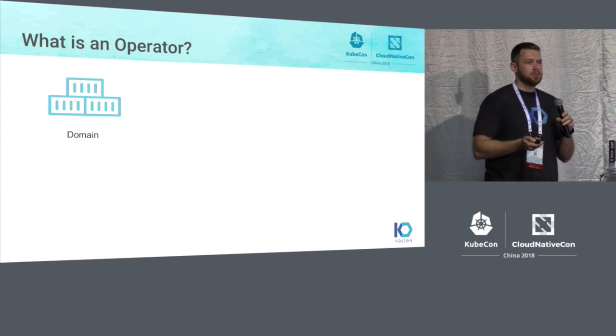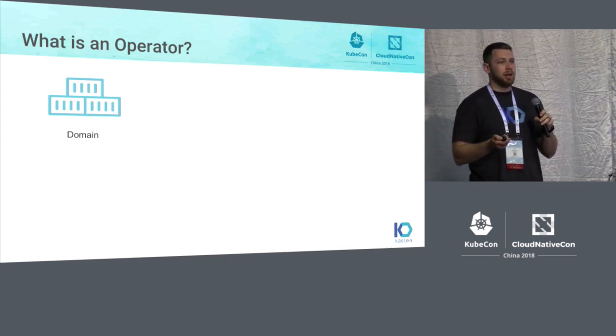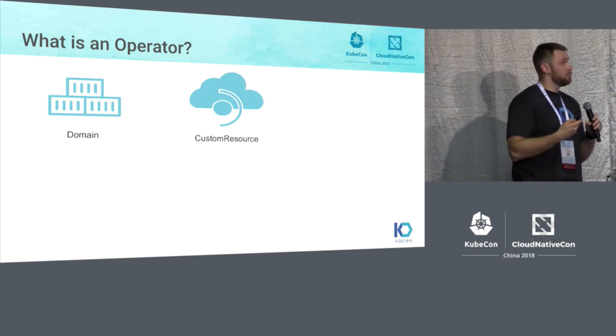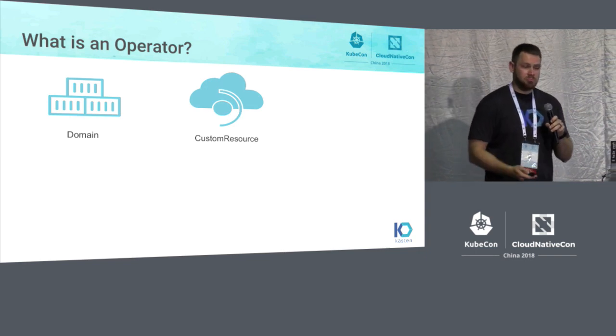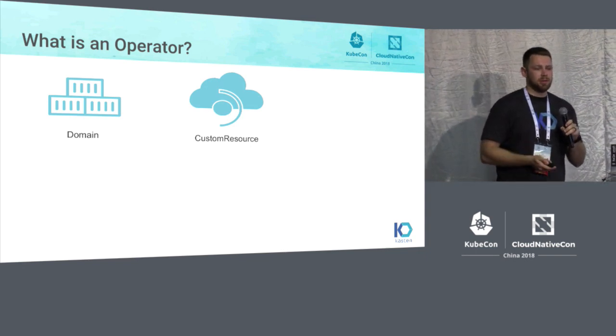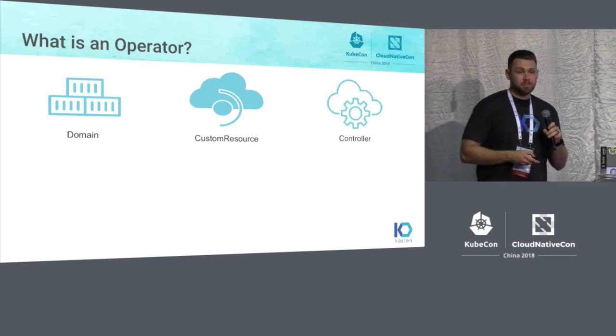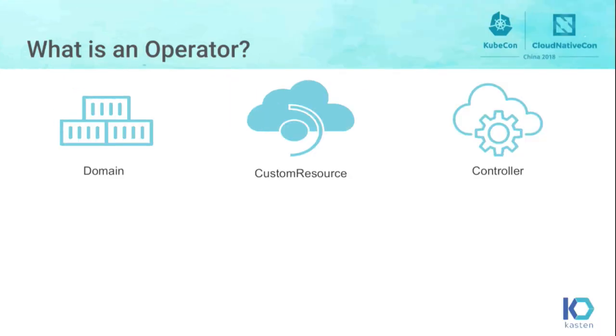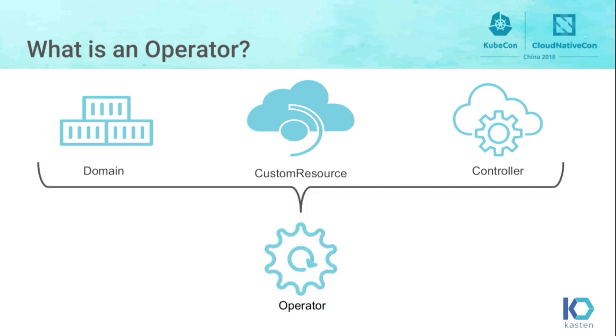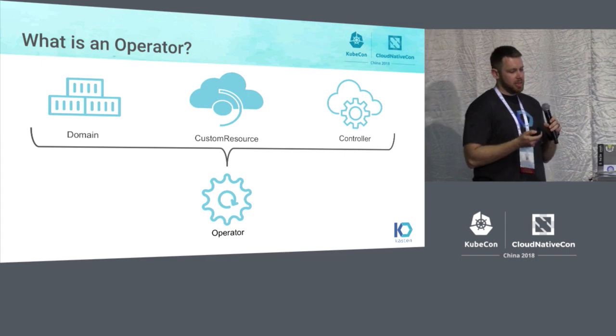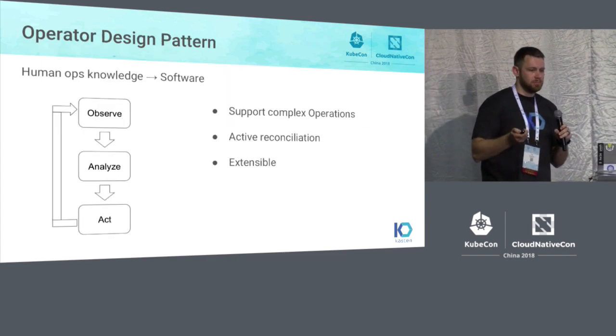Pretty much you want to do an action on your application, and you submit a custom resource. What it is, I will tell you about a little bit later. So the controller, the code which lives inside the Kubernetes, sees the custom resource, does analysis, and then performs needed changes for your application. Sounds like magic? Not really. It's just an operator. So operator: domain knowledge, plus custom resources, plus controller.